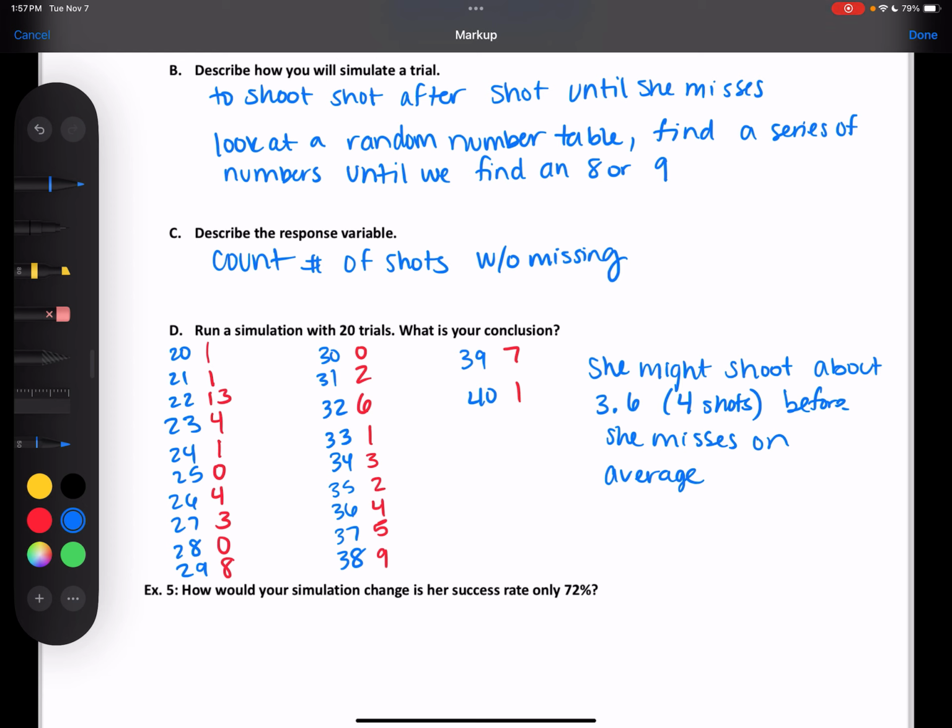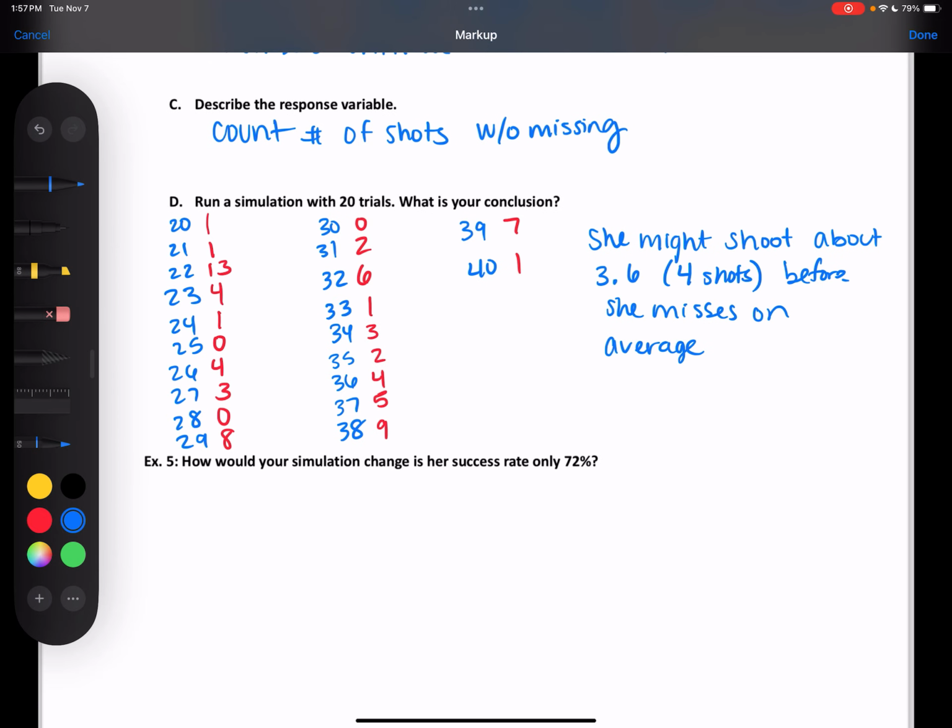So, what do you think we should do if her success rate was only 72%? How would we change what we did? We would have to change which numbers were associated with makes and misses. So rather than 0 through 9, we would go from 0, 0 to 9, 9. Basically, you have 2 options.